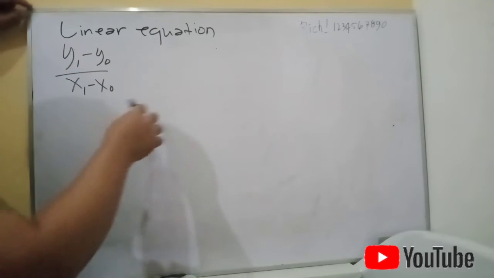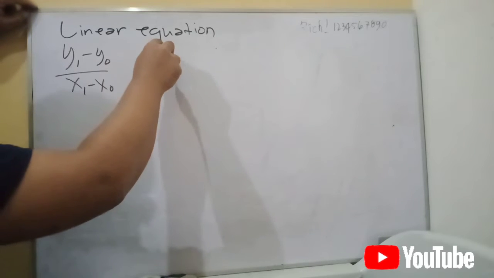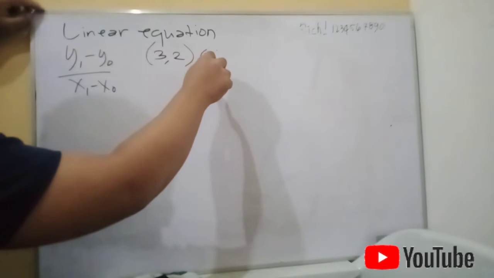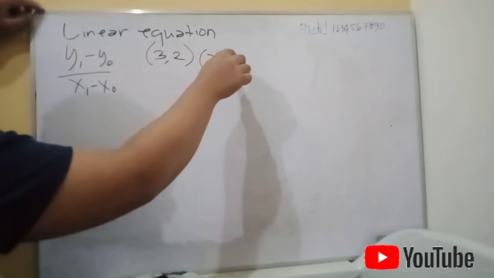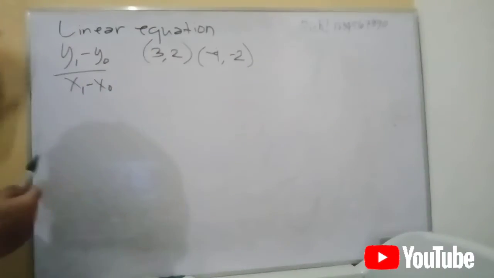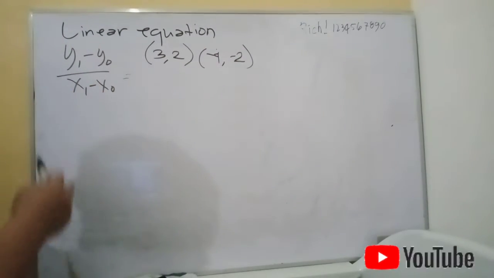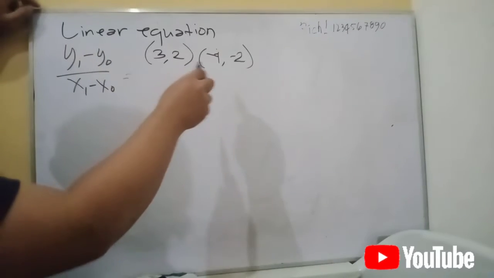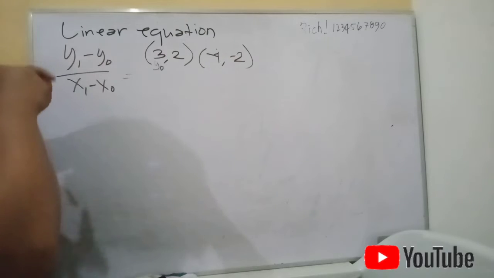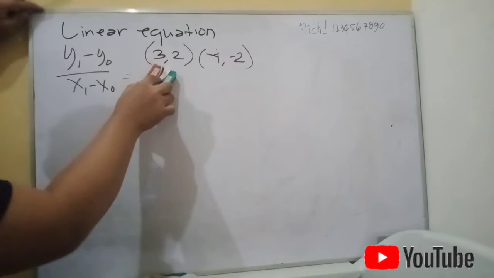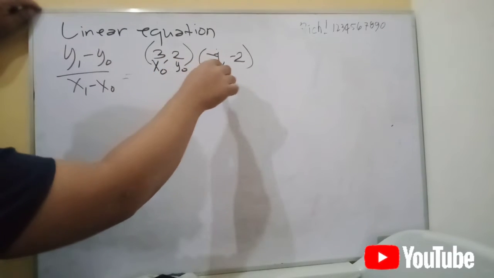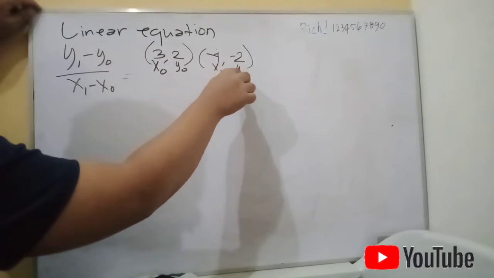So, say for example, we have the points 3 and 2, and then 4 and negative 2. So how do we get the slope? So this is x sub 0, this is y sub 0, this is x sub 1, this is y sub 1.